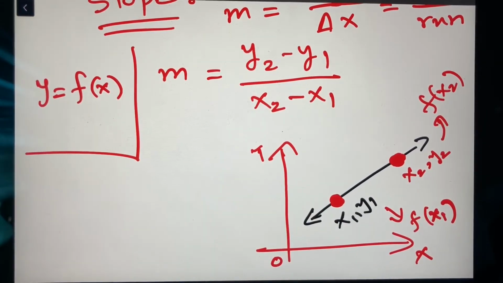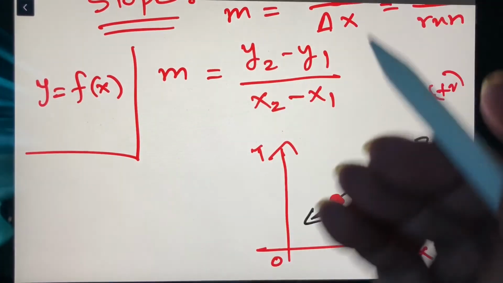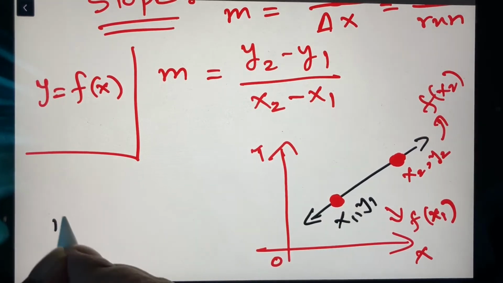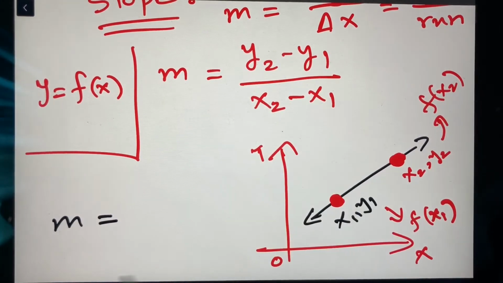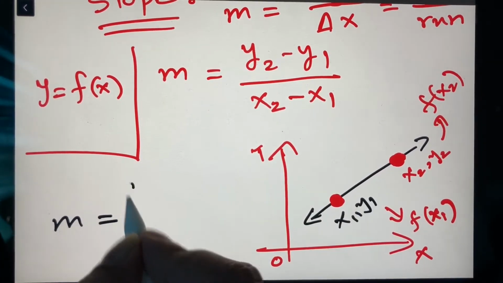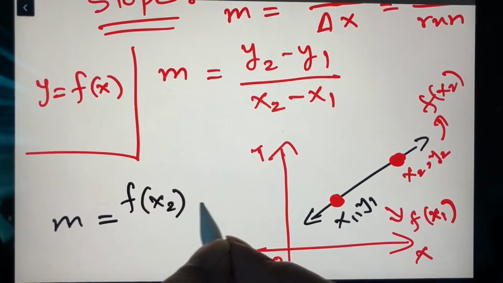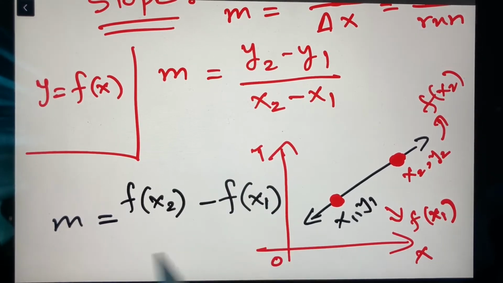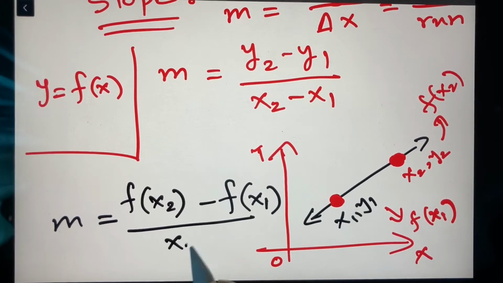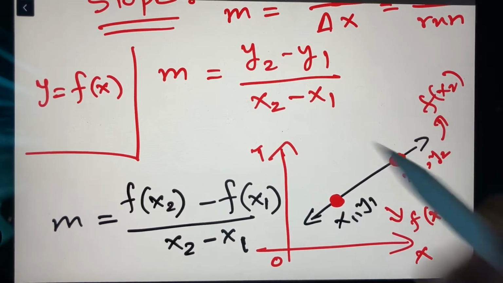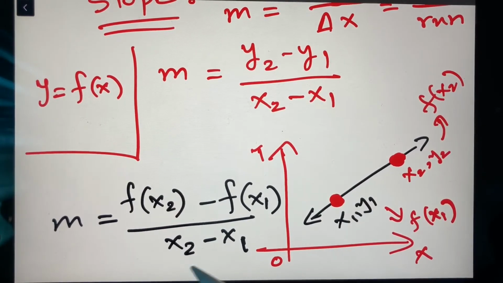So in this case, instead of writing y2, we can write f of x2 minus f of x1 divided by x2 minus x1. Okay. So these two equations are saying the same thing. I hope everything makes sense.